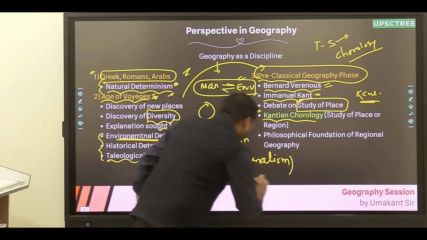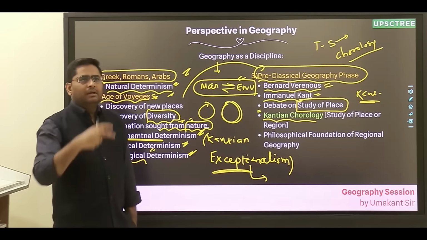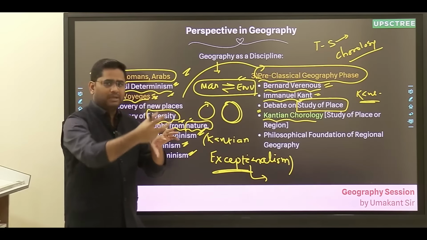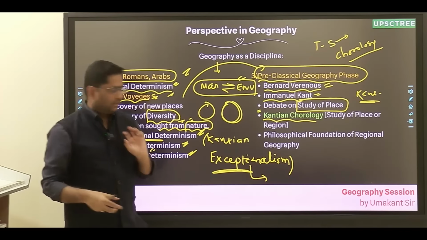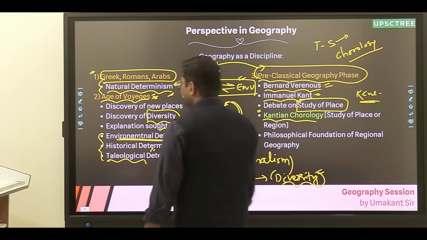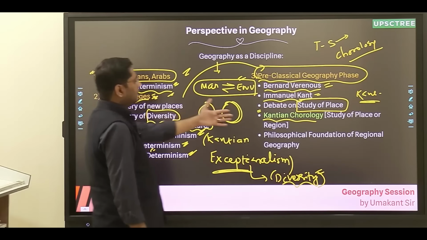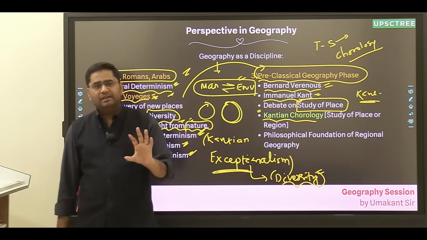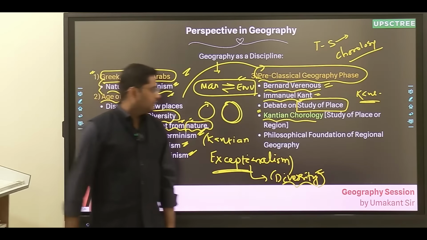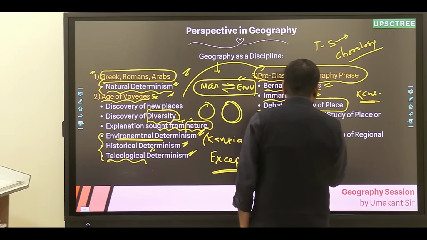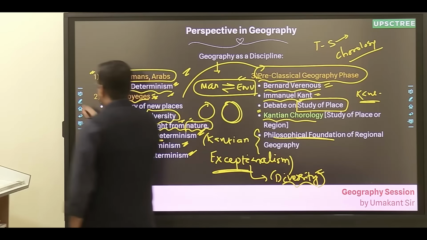Exceptions meaning, for example, if you compare Australia and Africa, in Australia we find kangaroos, we find marsupials, which are not found in, say, Africa. So you will be studying the diversity. So Kantian exceptionalism is nothing but studying the uniqueness or diversity of a region, and he advocated that geographers should study regions. So he is talking about furthering the idea of regional geography, not systematic geography. Okay. Anyway, Bernard Varenius and Immanuel Kant will give the philosophical foundation to regional geography.